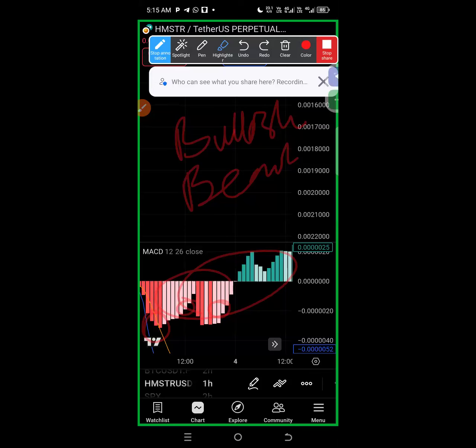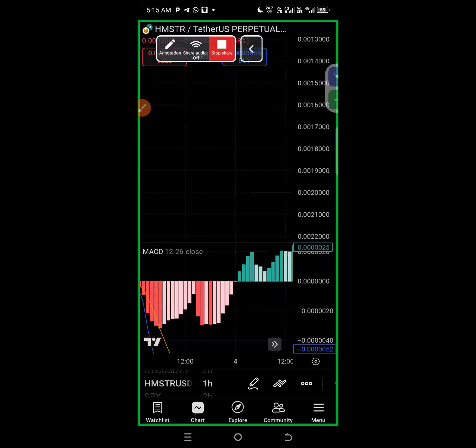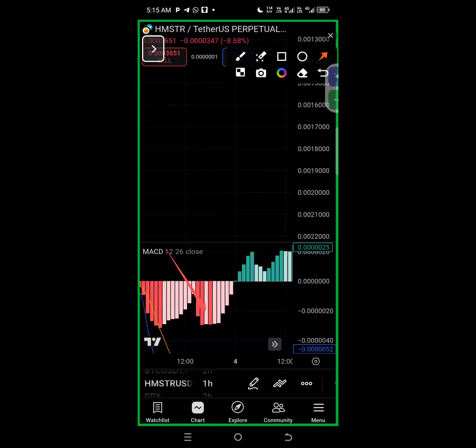So when you take the histogram, you're going to see we have this green and then also red. Maybe you are not seeing, let me use the pointer. So we have the red, then also the green, right? And you can see there is a difference here.